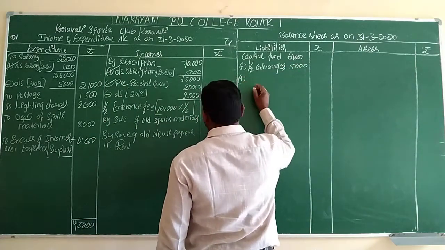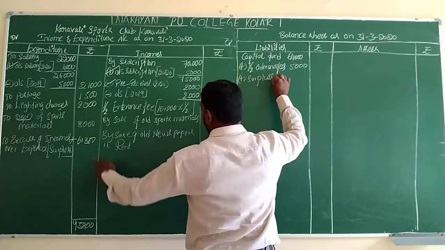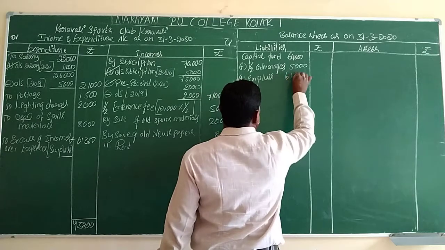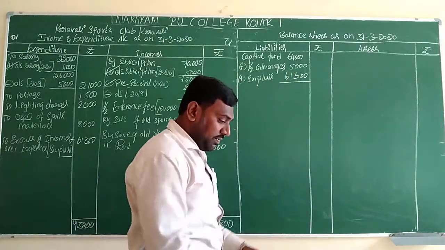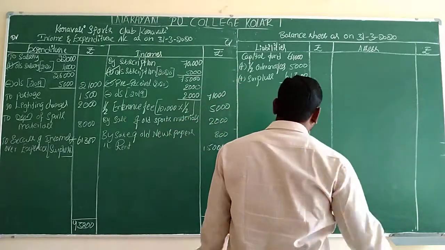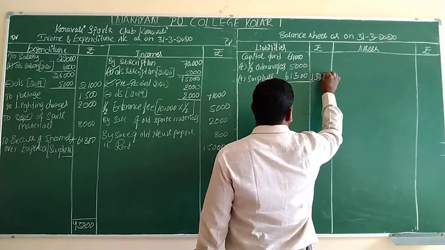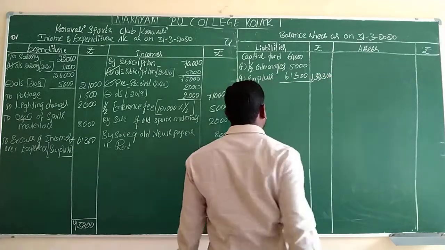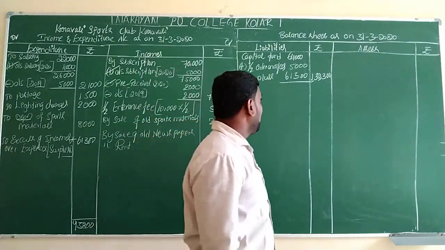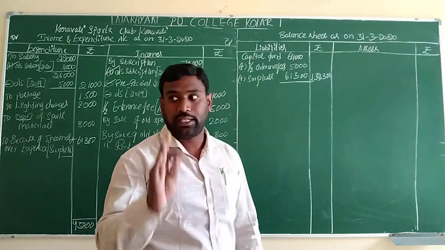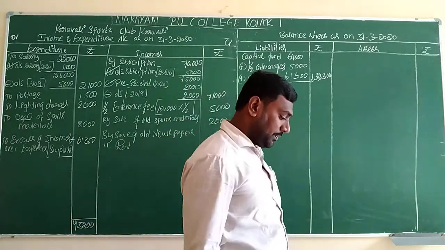Add surplus, the surplus is 61,300. While making the total of these three, 64,000 plus 5,000 plus 61,300, we will get 1,30,300.